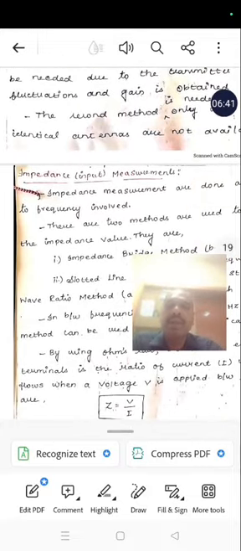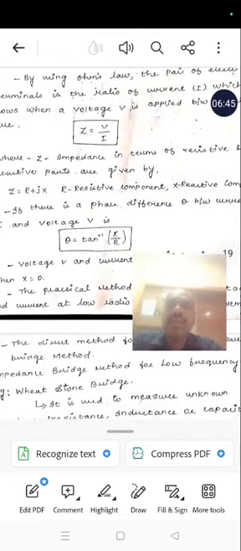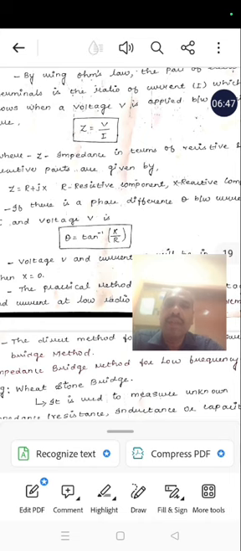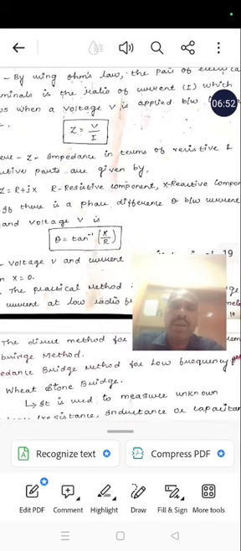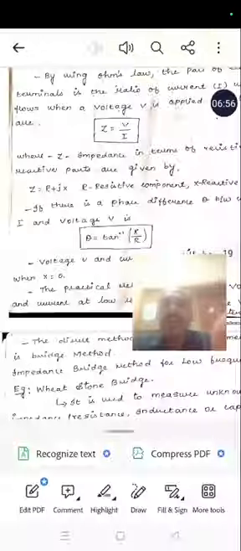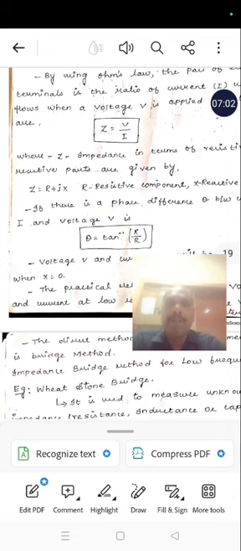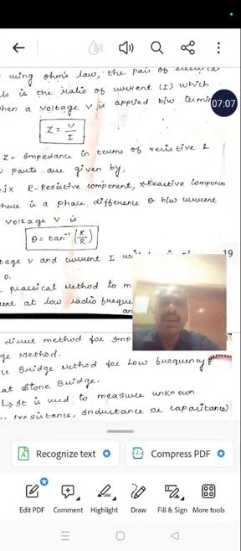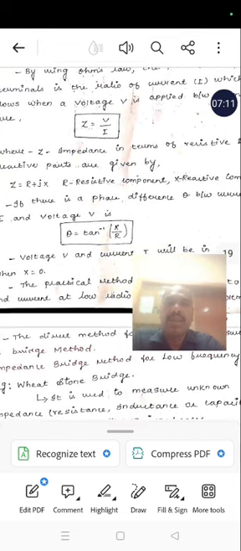Impedance measurements. In this impedance measurement, we can calculate the Z value, that is Z is equal to V divided by I, where Z is the impedance, in terms of resistive and reactive components.